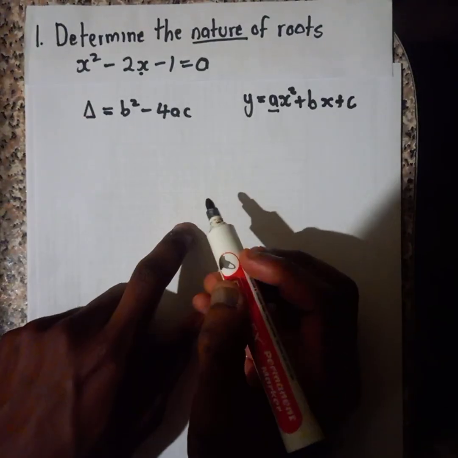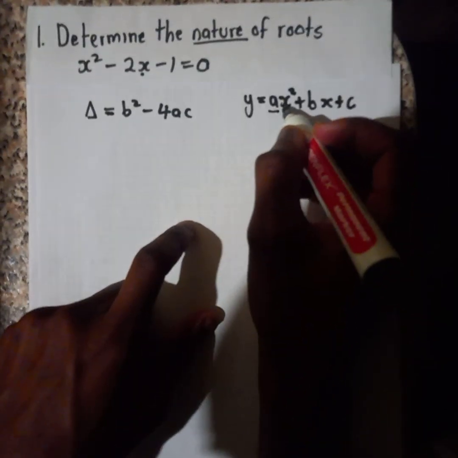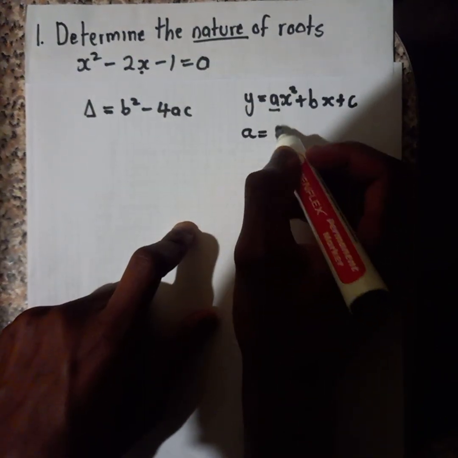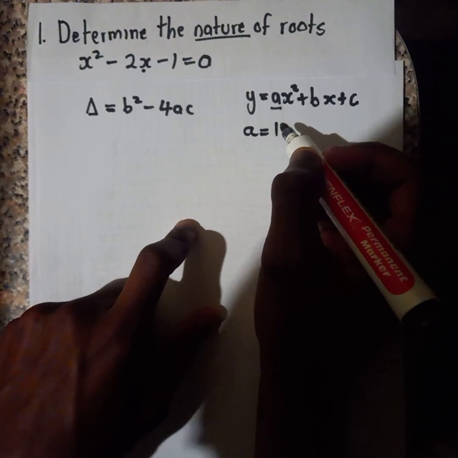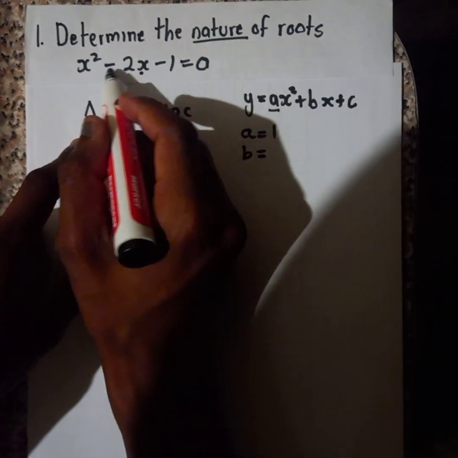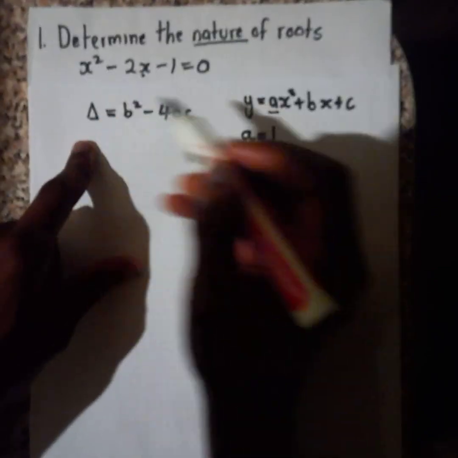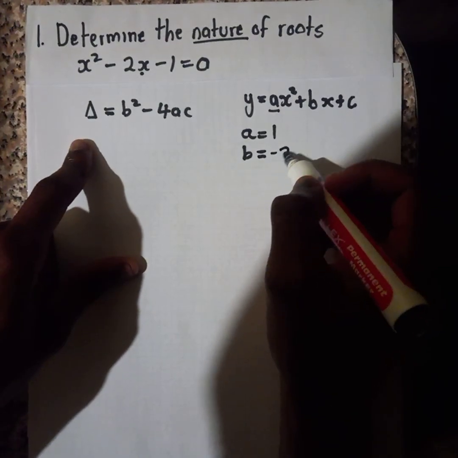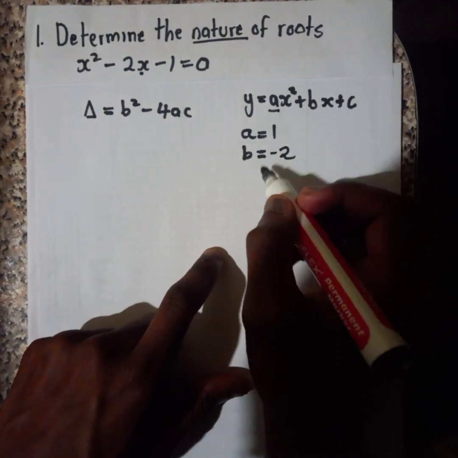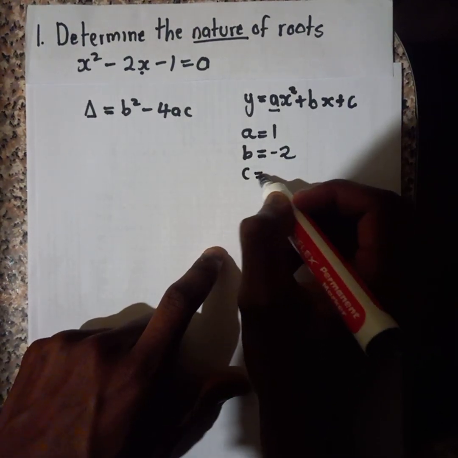We say it's a coefficient. The coefficient of x squared in this equation is going to be 1. Then let us move to b. Our b is going to be negative 2. So simple, isn't it? Then our c is going to be, correct, negative 1.